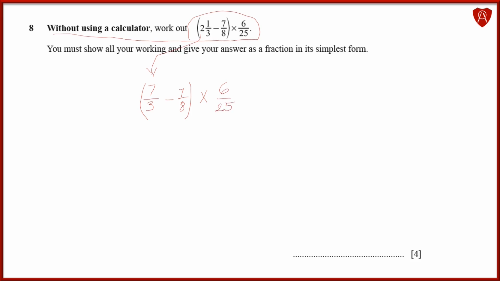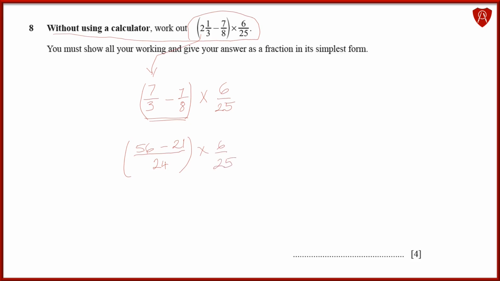The first thing in such a setup is to evaluate the brackets first. And the LCM of the denominators here is clearly 24. 8 times 7 is 56, minus 3 times 7, 21. That is brackets, then times 6 over 25.